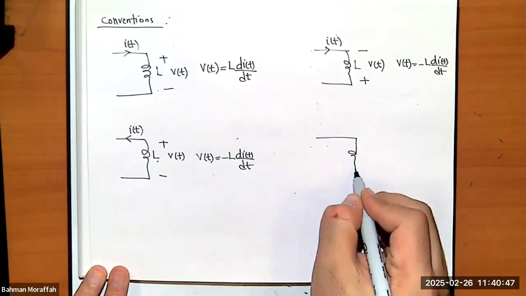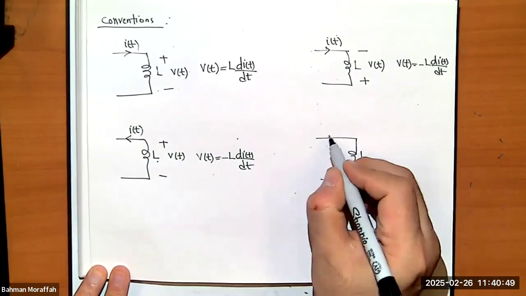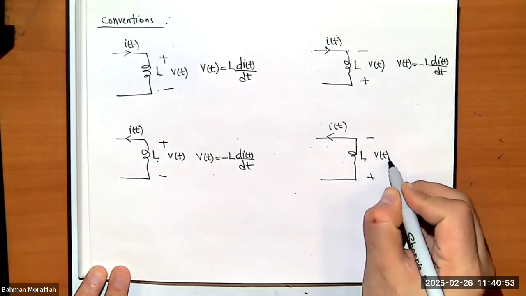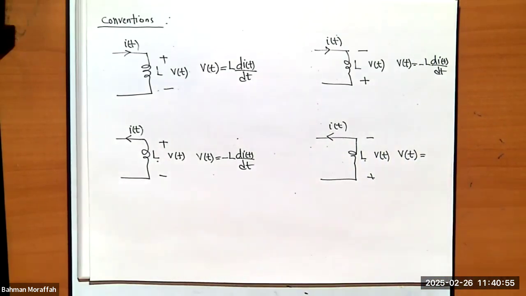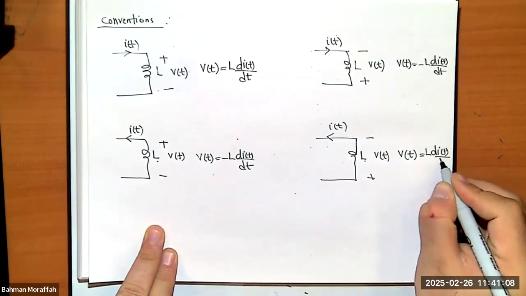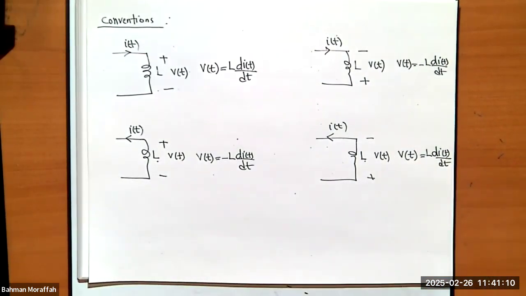And the same thing with this. If I have L, this is I(t), this is negative, this is positive. How about V(t) over here? Is it positive or negative? It's positive because I is going from this side, so it hits the positive side first. So it's L di/dt.